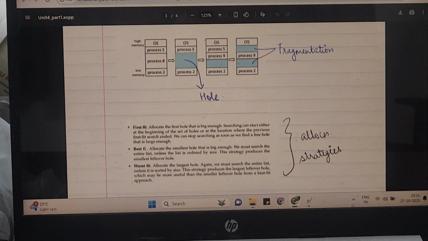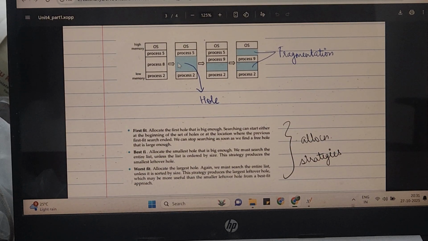So the idea I'm trying to convey here is, you have processes which have memory allocated to them. When a process leaves, that memory space is freed up, that is called a hole. A new process comes in, you want to try to fit it into a hole which is greater than or equal to the size of the process, because you cannot split a process into two parts and allocate some memory here, some memory here.